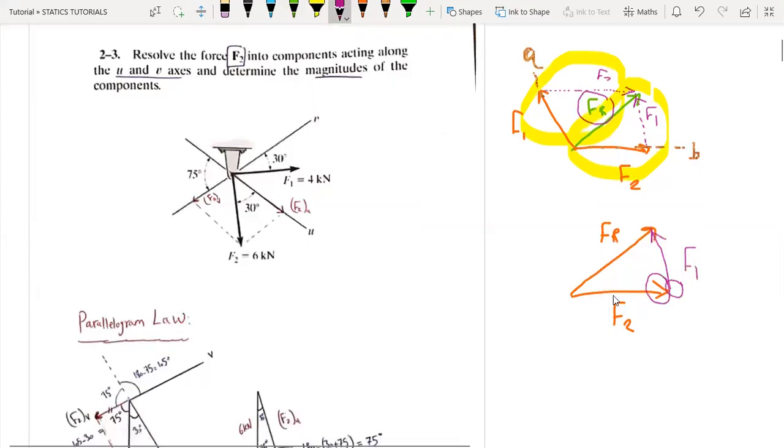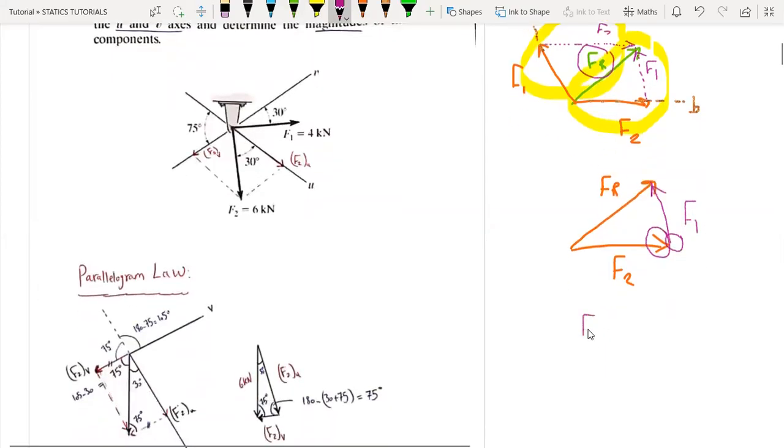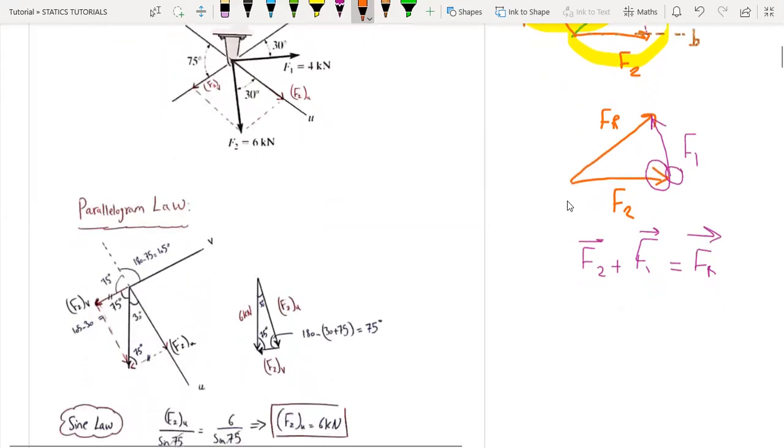So F2 plus F1 in the Cartesian vector notation is equal to Fr, the resultant force. And from here, we can use the cosine and sine laws.